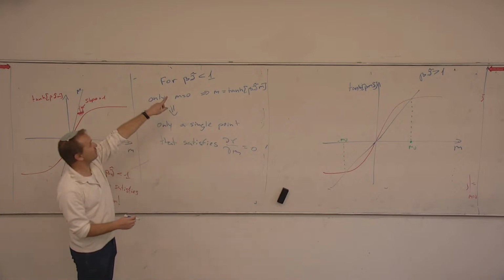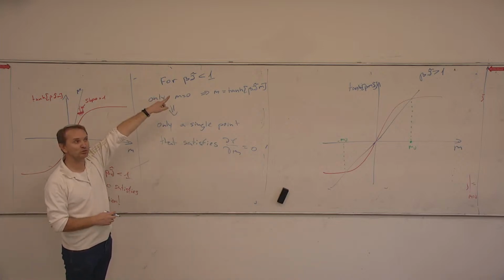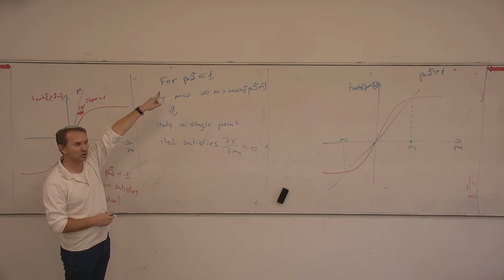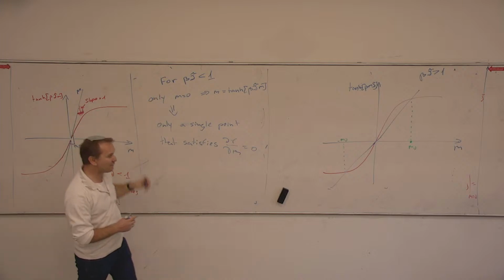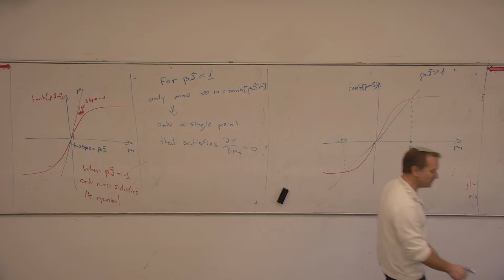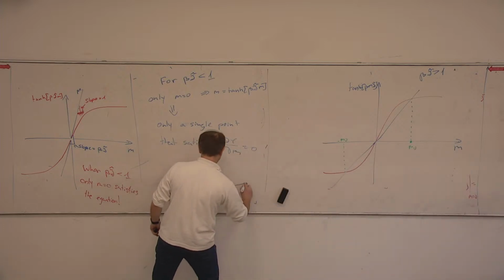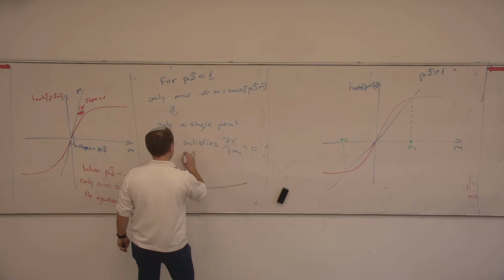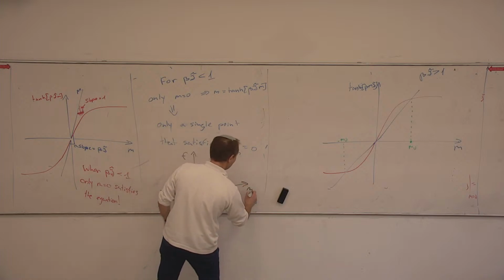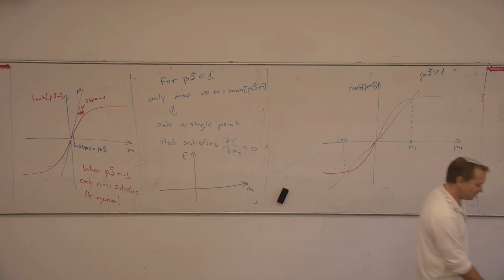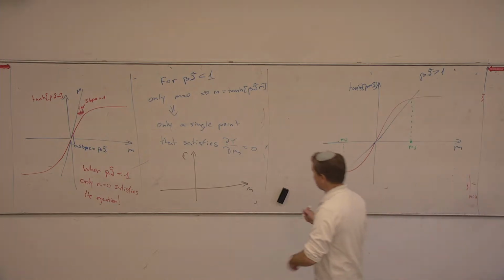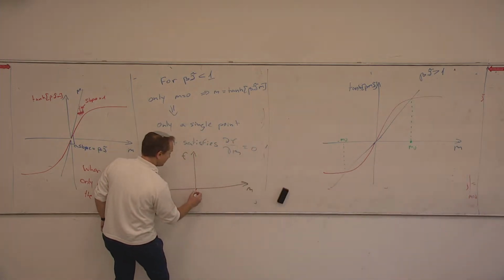So what we see is that for beta j tilde smaller than 1, f has one single minimum. So if we plot f as a function of m, there has to be one single minimum at 0.